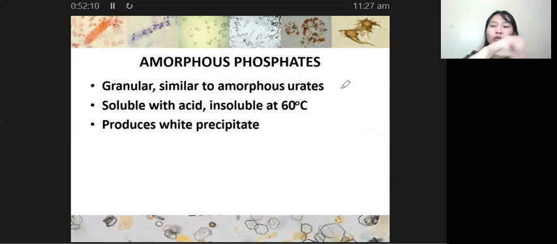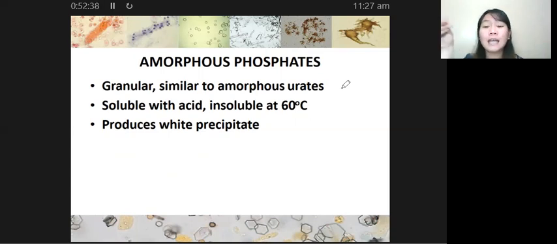Okay, so yung may dumi-dumi doon sa ating microscopic field or may mga granules kang nakita, amorphous phosphate yan or amorphous urate. Okay, so yung technique namin in the laboratory is, kasi hindi mo naman talaga sila madi-distinguish based on their appearance. So, ang distinguishing factor na kino-consider namin ay yung pH.